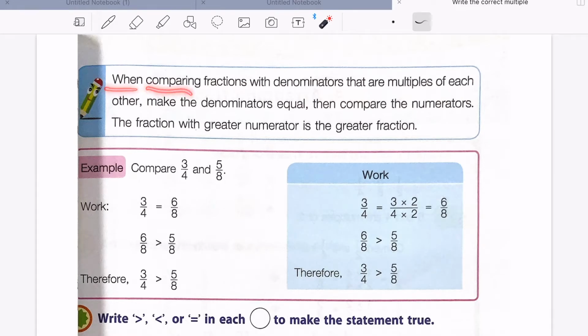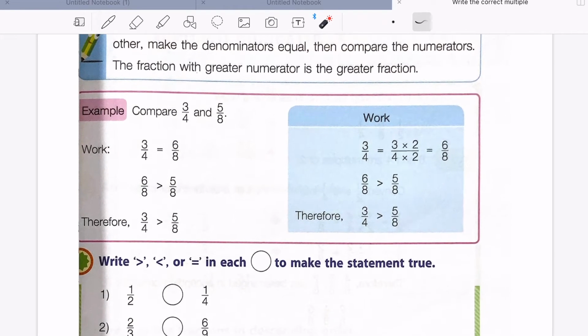When comparing fractions with denominators that are multiples of each other, make the denominators equal. Then compare the numerators. The fraction with greater numerator is the greater fraction.